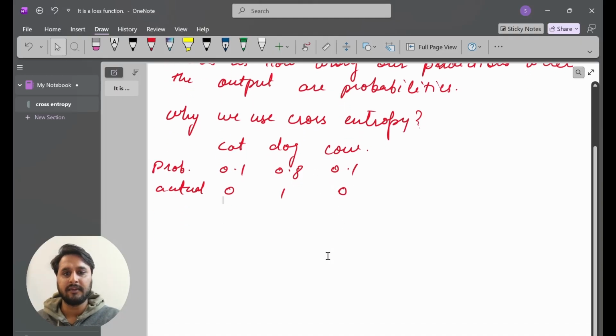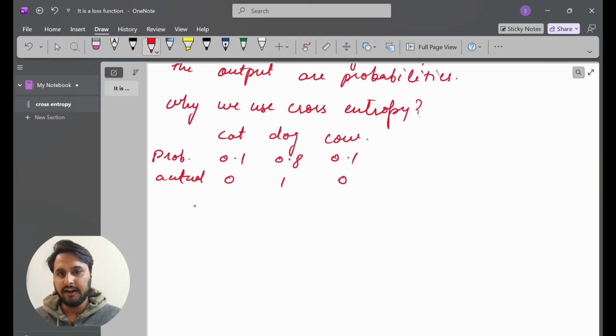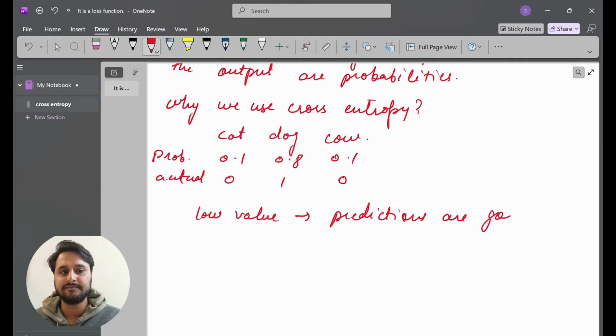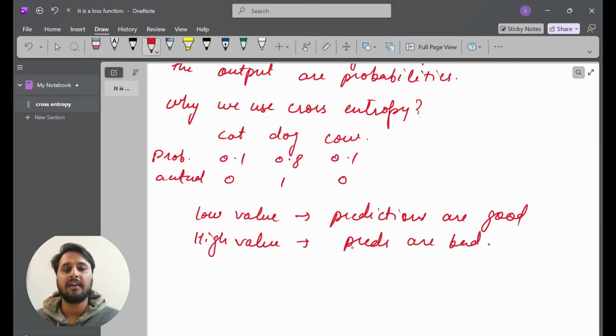Now we need a number. If that number is a low value, then our predictions are good. High value, predictions are bad. So in this case, what exactly are we trying to do?